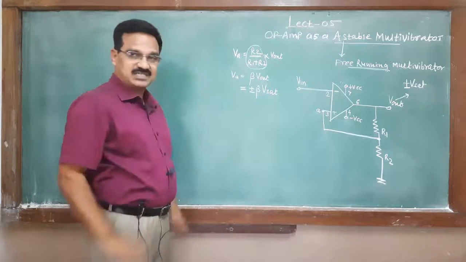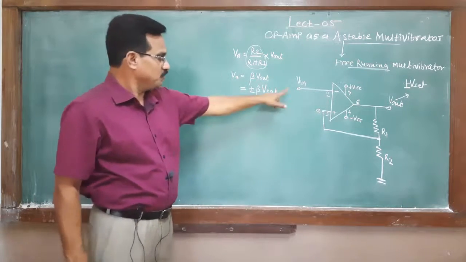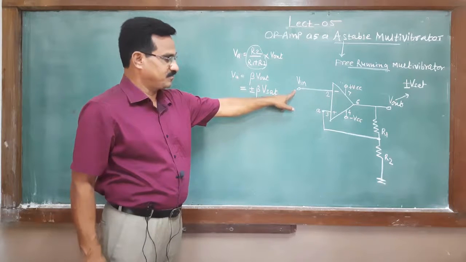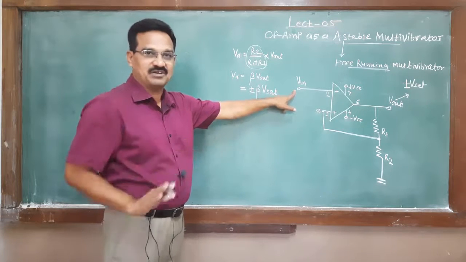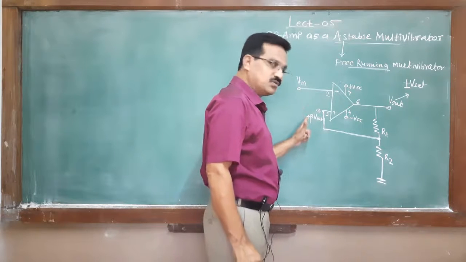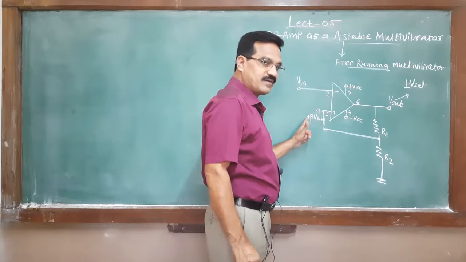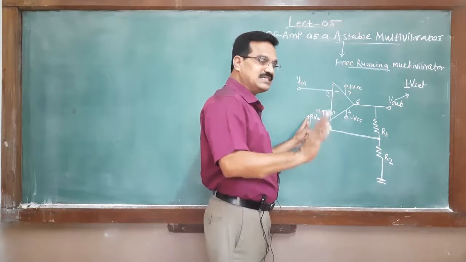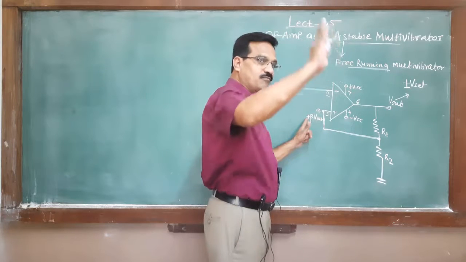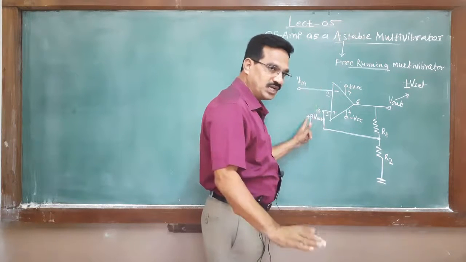How does this circuit work? Input is given externally. This circuit acts as a Schmitt trigger. When this input is equal to this, at that time it changes the state from positive saturation to negative saturation.